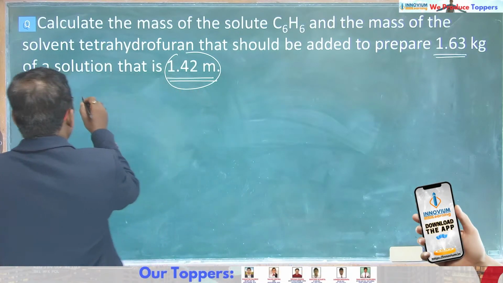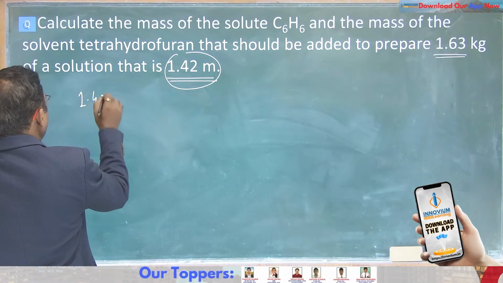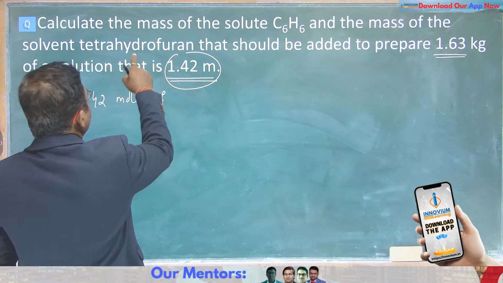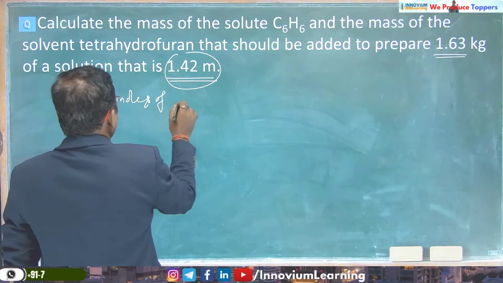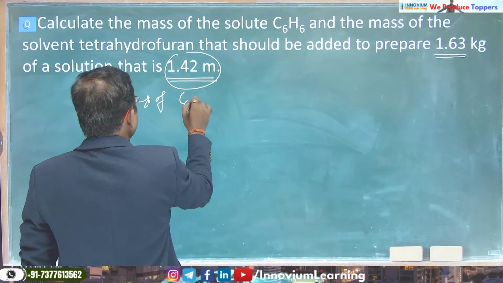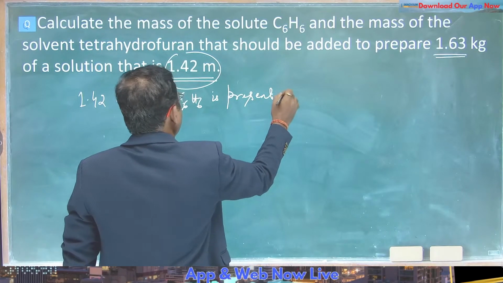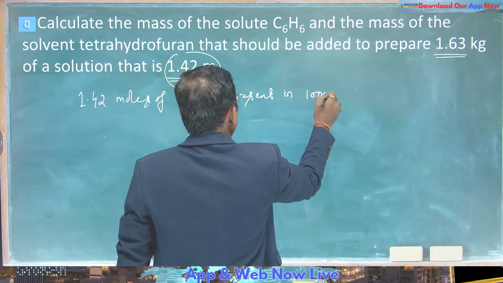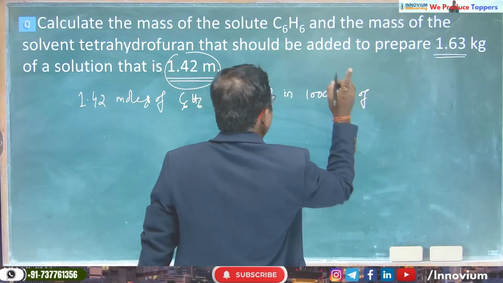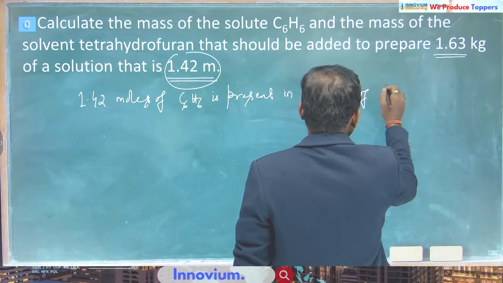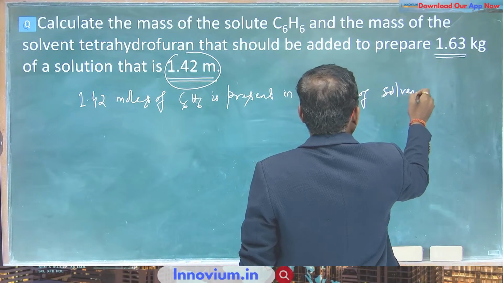So here 1.42 moles of solute. So what is that solute? Solute is benzene. 1.42 moles of benzene is present in 1000 gram of solvent. What is that solvent? Solvent is tetrahydrofuran. So 1000 gram of solvent.